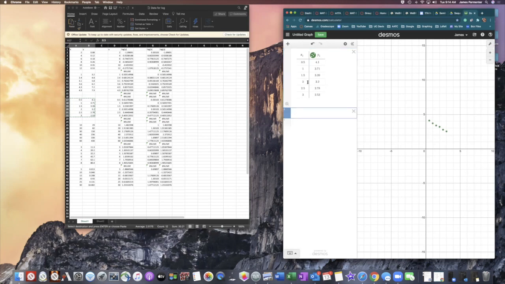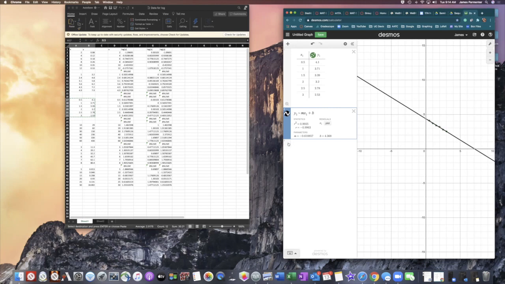So again, the way to see how good the fit is, is to type y sub 1 tilde m x sub 1 plus b. And then you look at the r value. And the r value there is pretty good, but maybe there's a higher one.